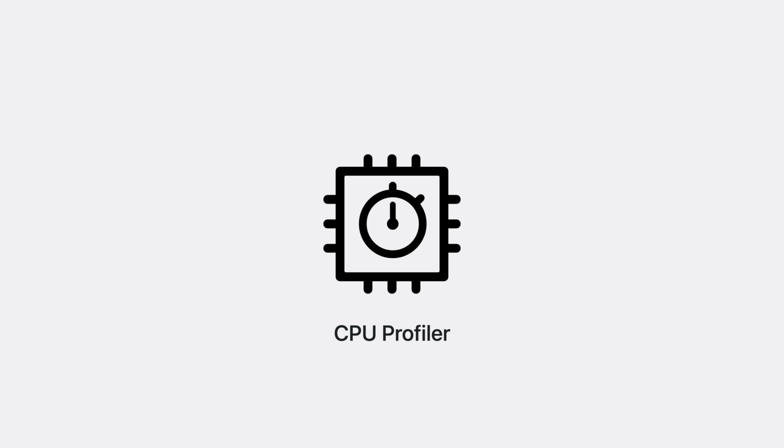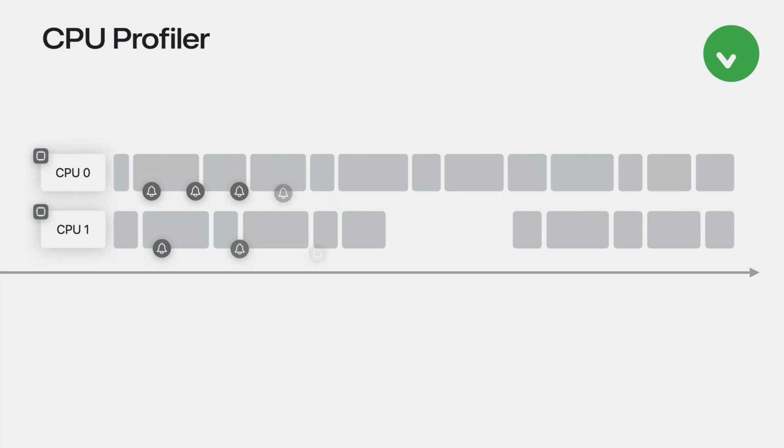To avoid this problem, we can switch to the CPU profiler. It samples CPUs independently based on the clock frequency of each CPU. You should prefer CPU profiler over time profiler for CPU optimization because it's more accurate and more fairly weights software-consuming CPU resources. These bells represent when a CPU's cycle counter samples the running call stack.